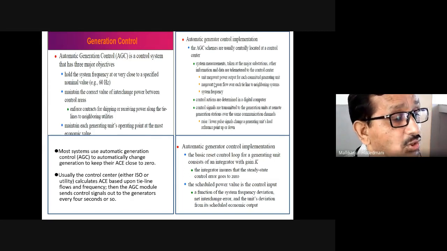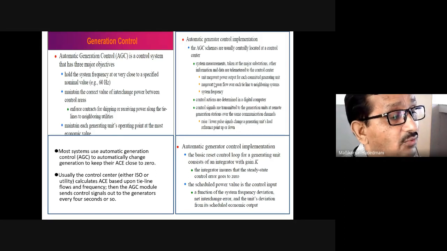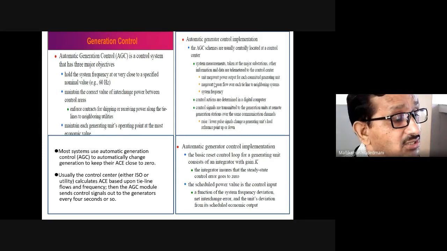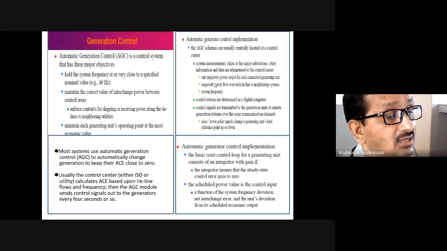If we have an energy control center, area-wise locally, at major stations, at important locations of the grid, we call them buses, the measurement of suitable variables takes place.